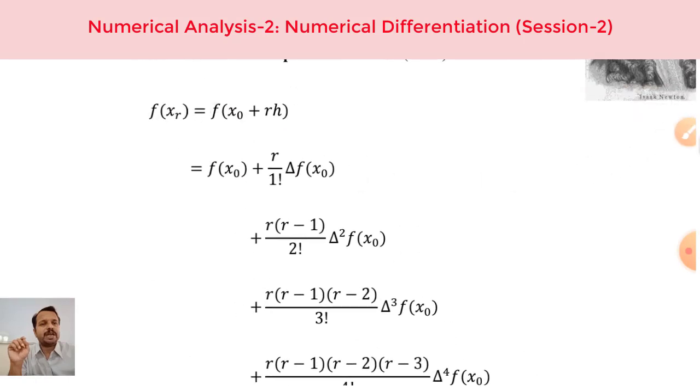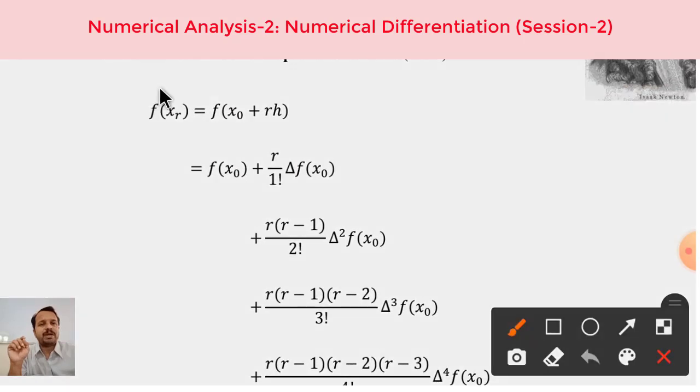If we differentiate this, you will simply have f dash. F dash stands for the derivative of f with respect to r. So f dash of xr as it is, and on the RHS it will become f dash of whatever is there, multiplied by the differentiation of this quantity. Differentiation of this quantity is 0 plus r, differentiation with respect to r is 1, so multiplied by the constant h.